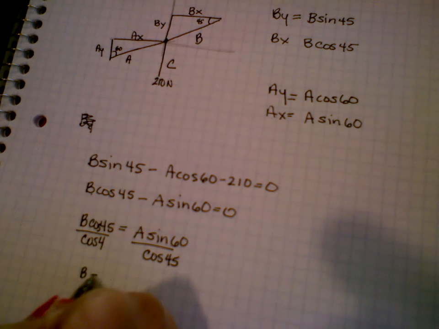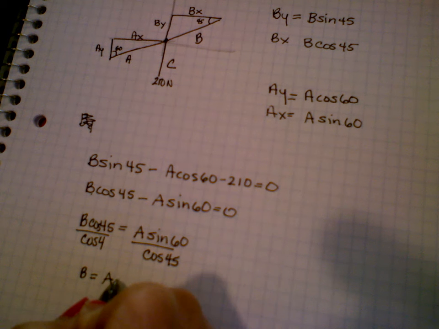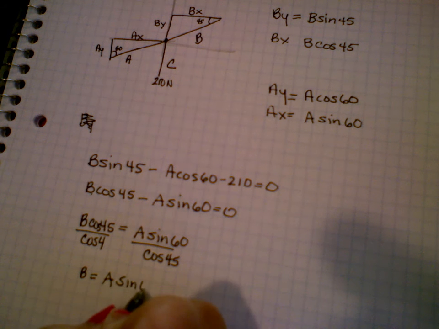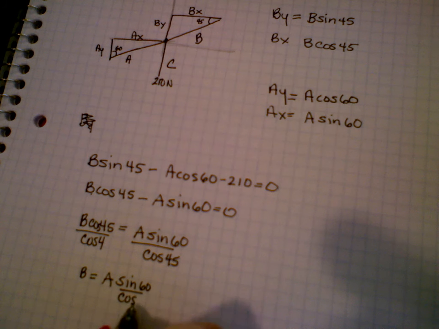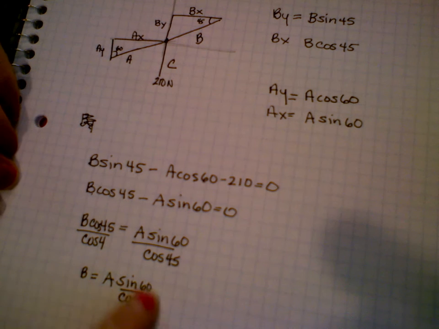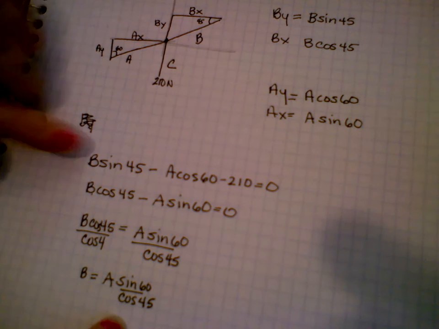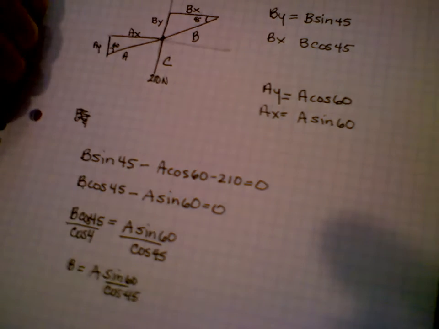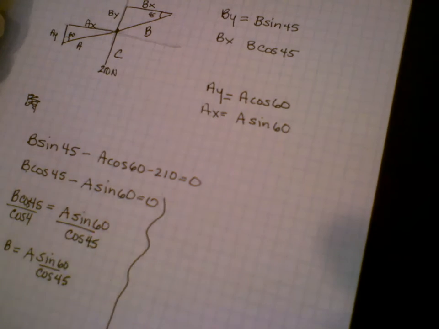So B is equal to A sine 60 over cosine 45. Okay, then I'm going to take this and plug it in here. So let's do that over on this side.